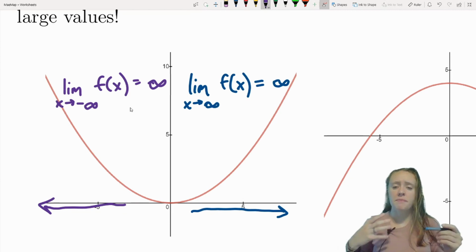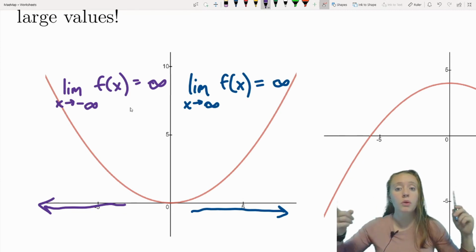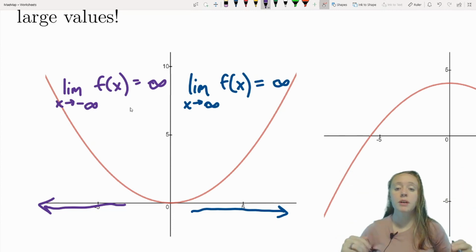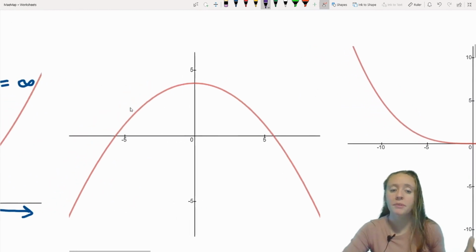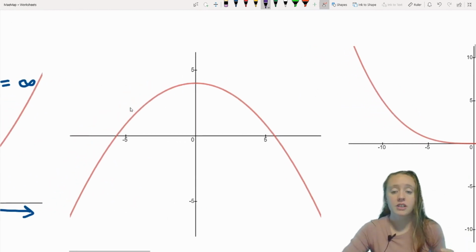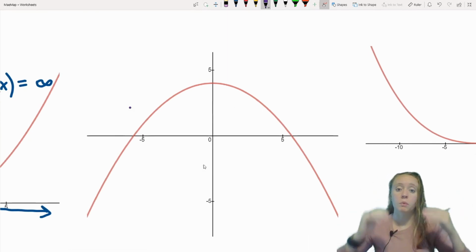When we have some even function, they're both going to approach infinity, or if this function was flipped, they would both approach negative infinity. And this is very useful when thinking about degrees of polynomials, which we'll get into later in this worksheet.